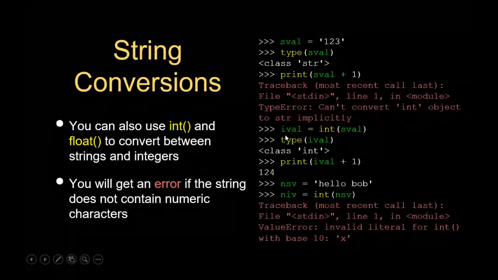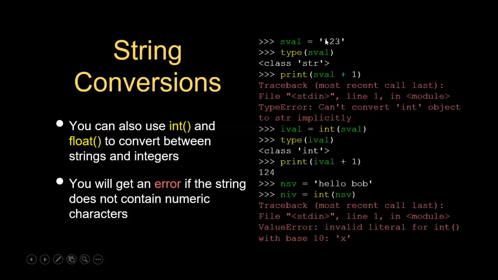What's ival equal to? Okay, so sval is equal to 123 as a string, and now we're forcing it to be an integer. I was quite happy to do that because this string 123 can actually be an integer 123. And then we can print, then we can do mathematical operations on it. NSV equals hello Bob. Here we go.